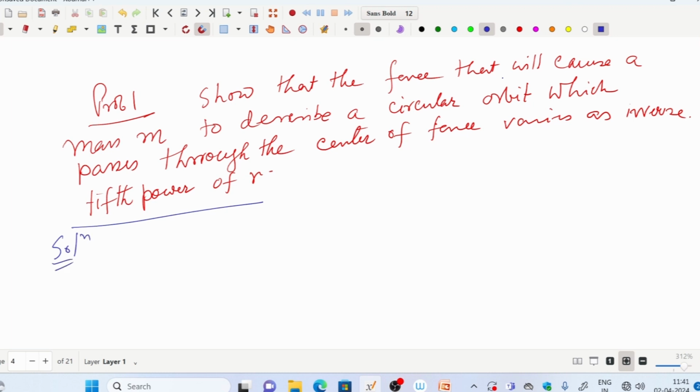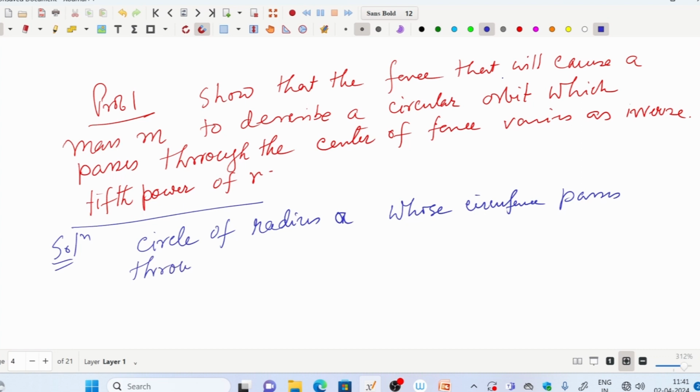For a circle of radius a whose circumference passes through the origin, purely from geometry, the equation is given as r equal to 2a cos theta.